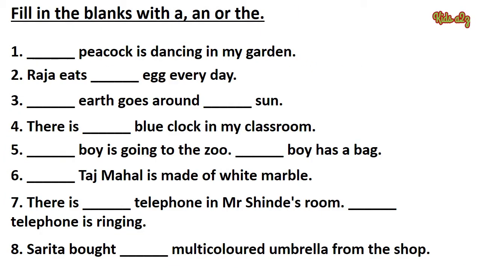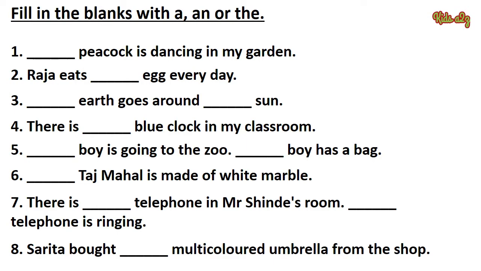Fill in the blanks with a, an or the. First question, dash peacock is dancing in my garden. Answer is a. Question number 2, Raja eats dash egg every day. Answer is an. Question number 3, dash earth goes around dash sun.